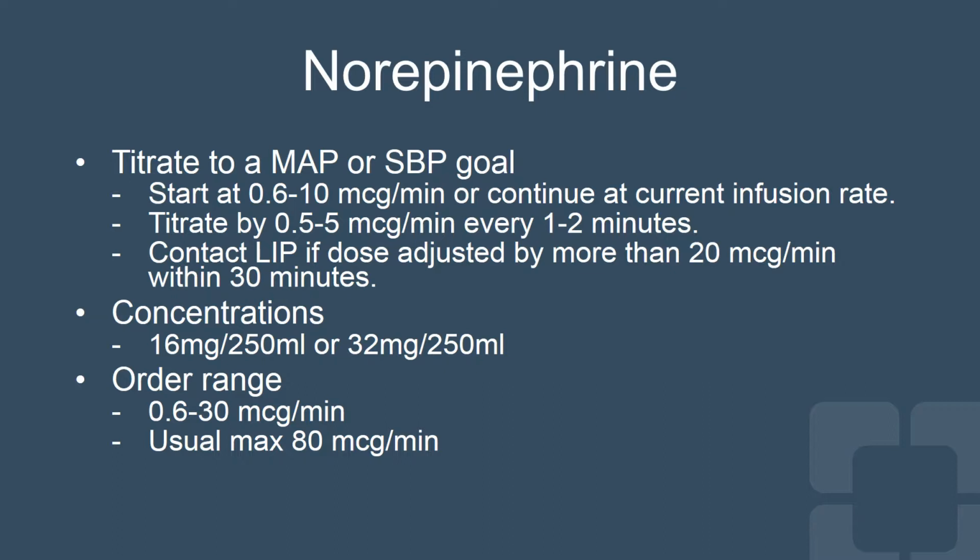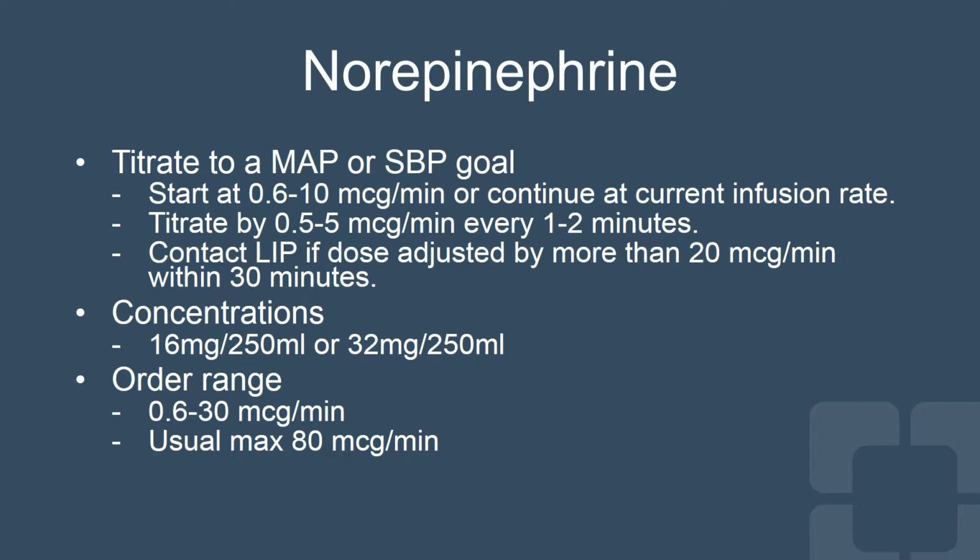Is this a patient who is crashing on you and needs blood pressure control immediately? You're probably going to want to start at that high end, 5 to 10 mics per kilo per minute, and titrate from there, rather than starting at 0.6 mics per kilo per minute and then titrating upwards. So really evaluate the status of the patient while you're placing these medications on board.